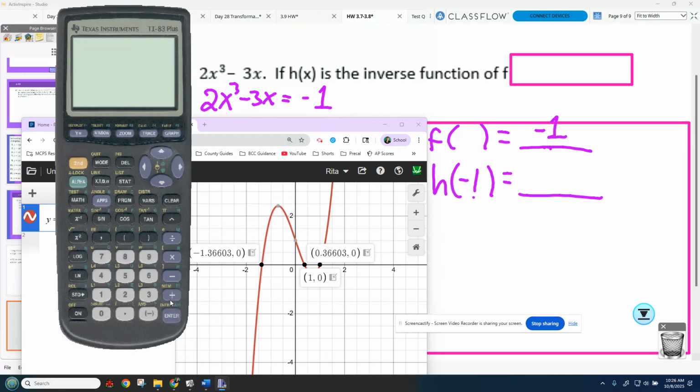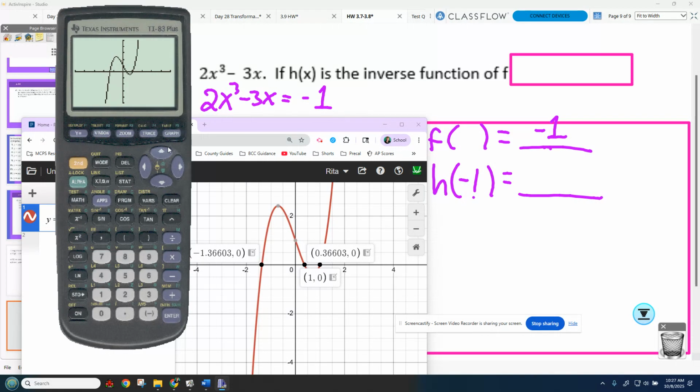Oh, I flattened it out. So here's my graph. I don't want to find all 3 on the graph using the calculator because it's a pain. Evelyn, I'll let you pick. Do I want to find the one on the left, in the middle, or on the right?